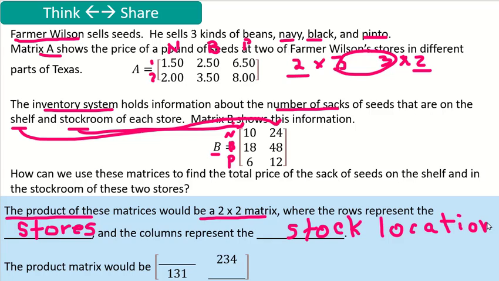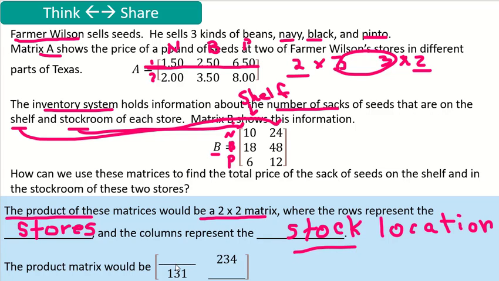All right, so if we're multiplying A times B, we're multiplying store 1 times, look at the column. Okay, the column is shelf and stockroom. So it's telling us in store 1 where the stock is located.